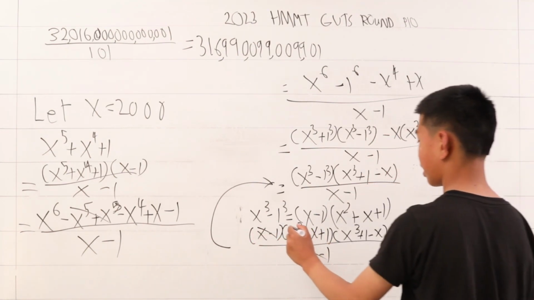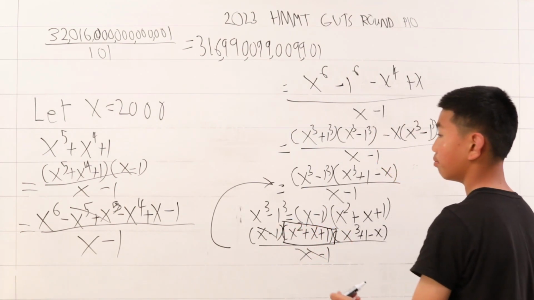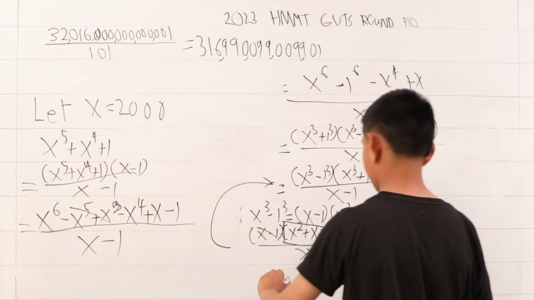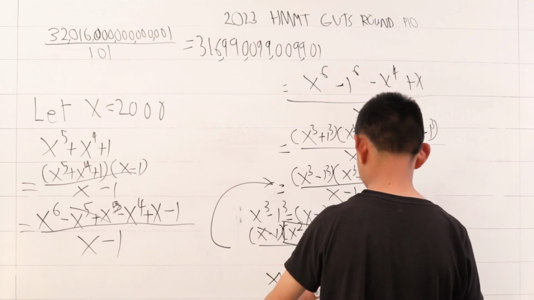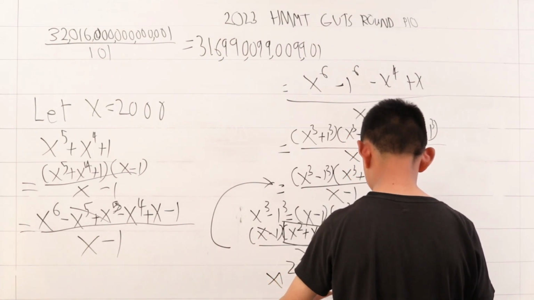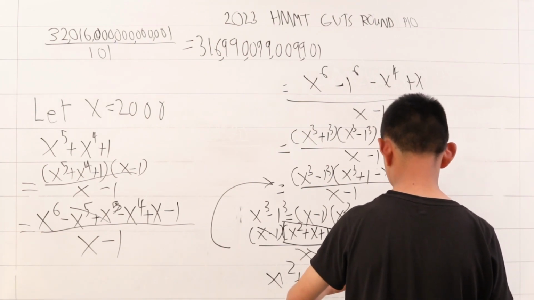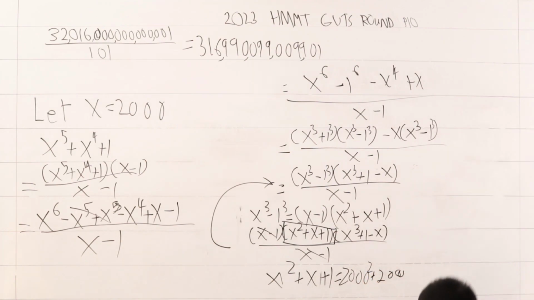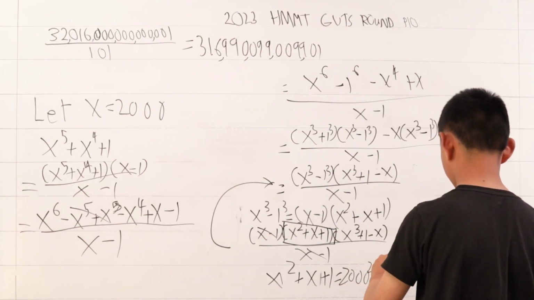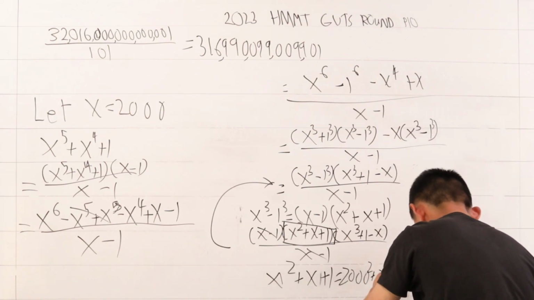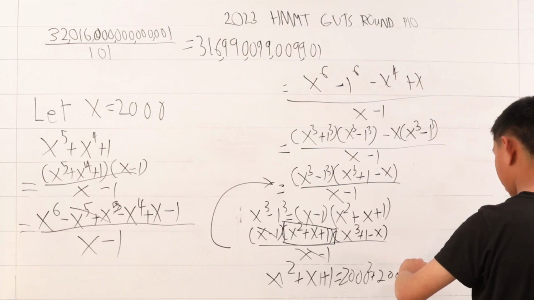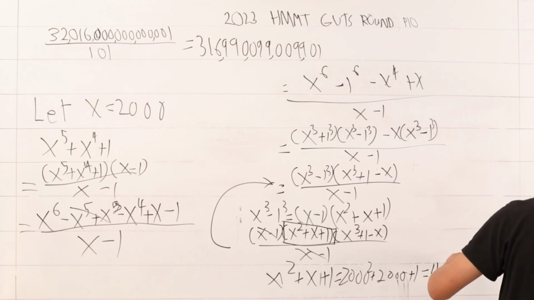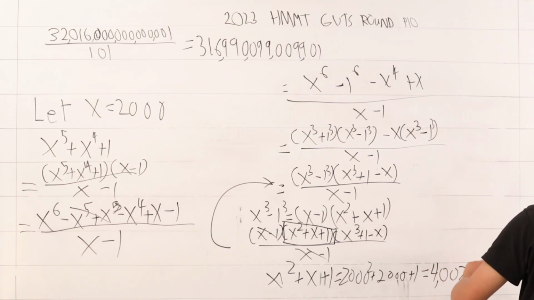Now, once again, we have our smaller number, and by implementing again that x is 2,000, we get that x squared plus x plus 1 is equal to 2,000 squared plus 2,000 plus 1, which is equal to 4 million and 2,001.